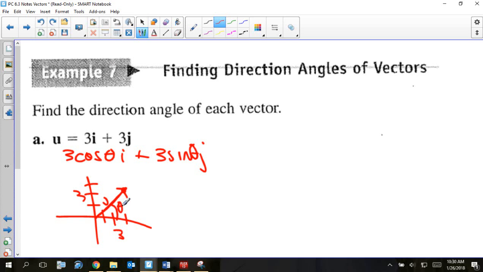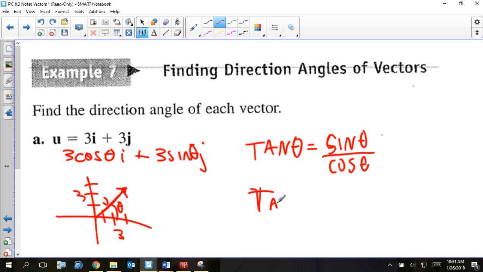We're going to do this by saying, well, tangent of theta is equal to sine theta over cosine theta. So for this particular picture, I know sine and cosine are going to be 3 over 3. So the tangent theta is equal to 1. The question is, what's the angle?